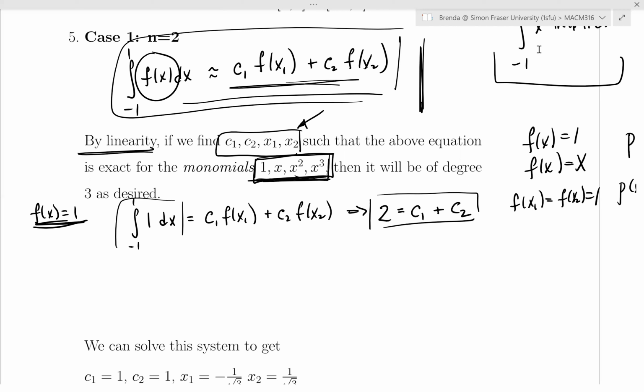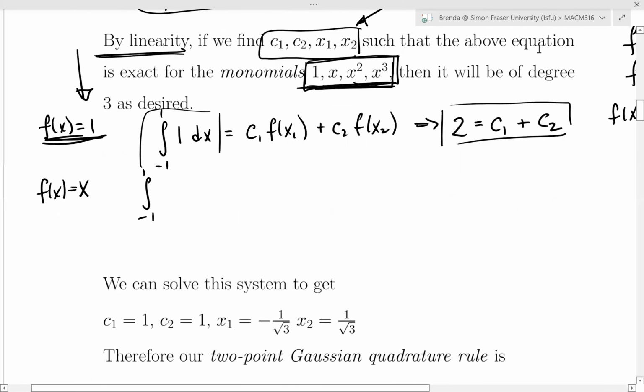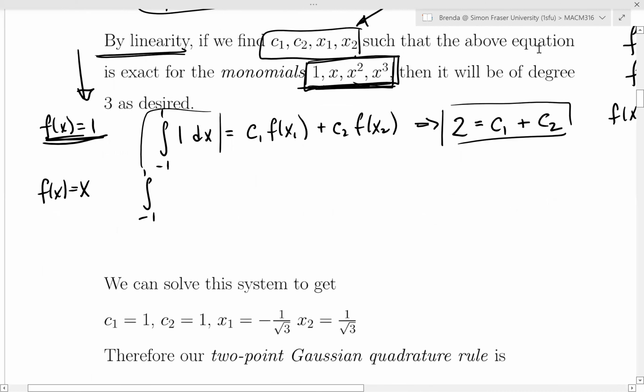I'll do the same thing now. I'm going to consider the function f of x equals x. These are the monomial basis vectors that I'm looking at. I'm saying then that the integral from -1 to 1 of x dx is going to be equal to c1. What is f of x1? Yes, it's x, but x what? x1, right?